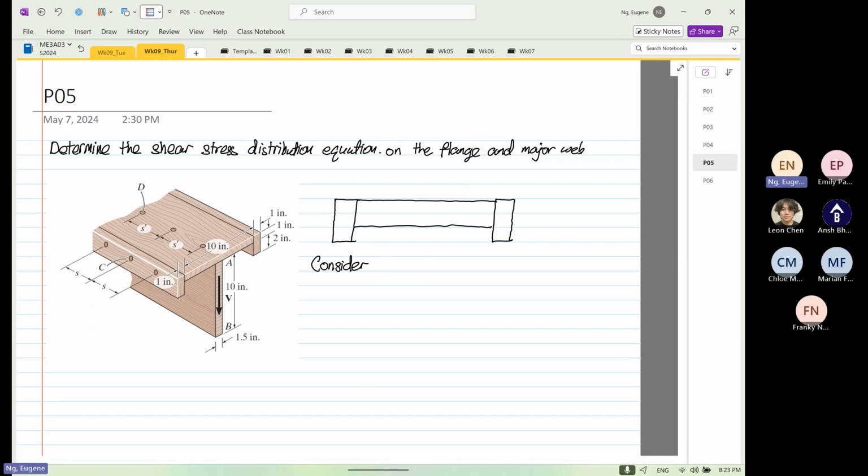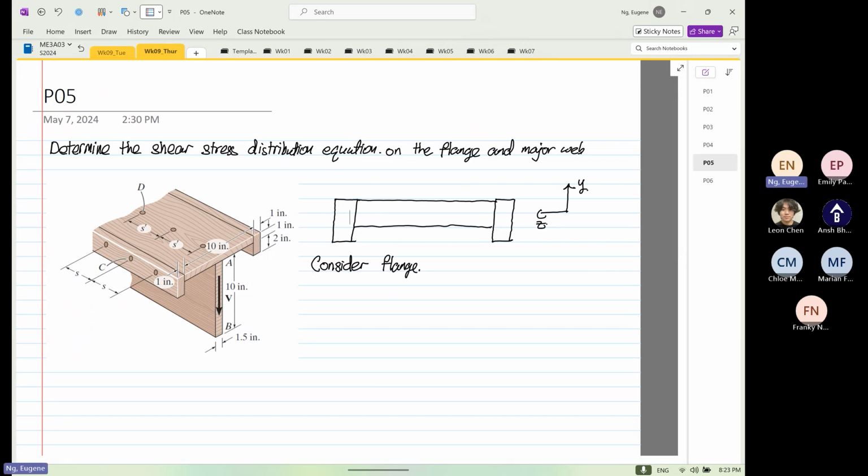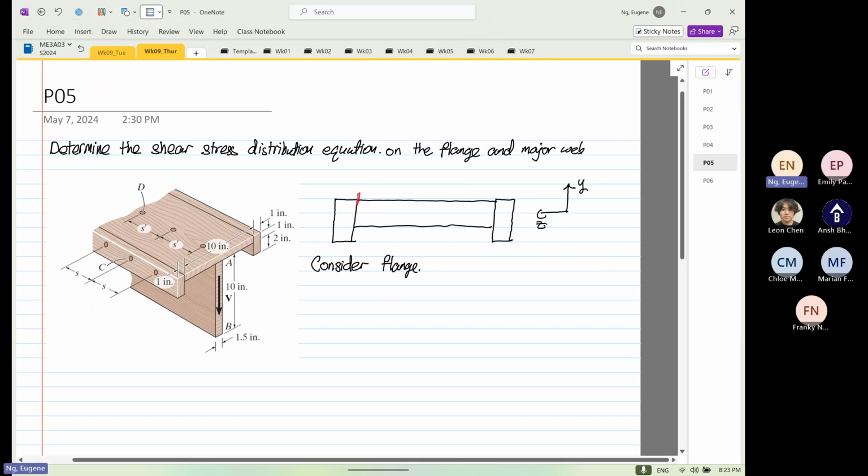So if we were to draw a transformation, this is Y and this is Z. The flange will start from here, or we will start from here first.